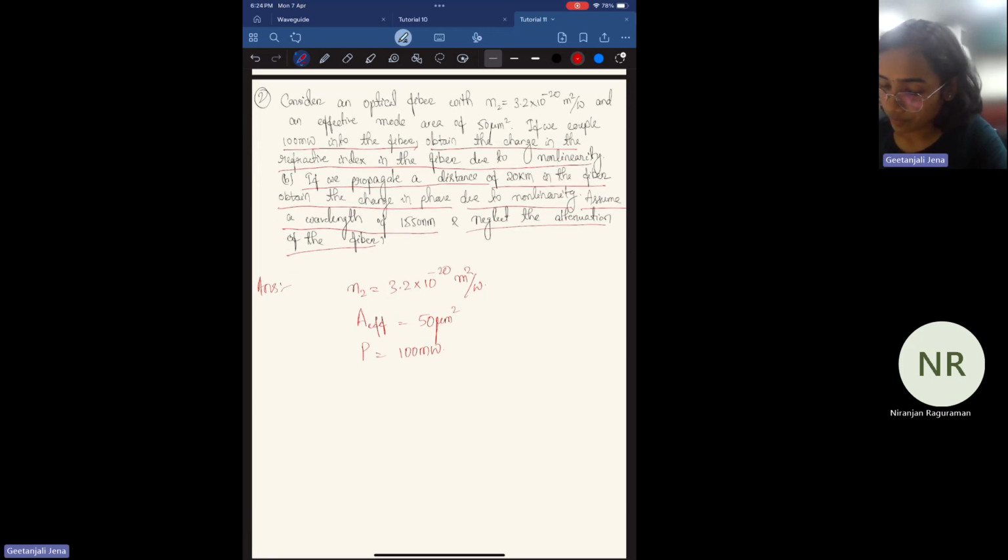For the fiber, whenever there is a nonlinearity, the refractive index can be written as N0, which is the refractive index without nonlinearity, plus N2 into I. So this is the change in the refractive index, N2 into I. N2 is given.